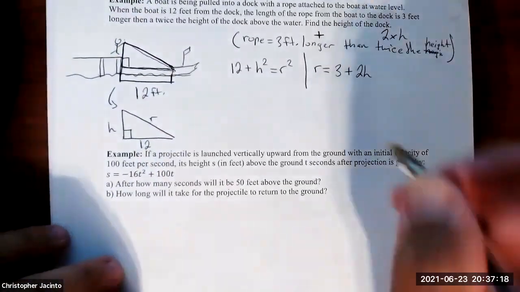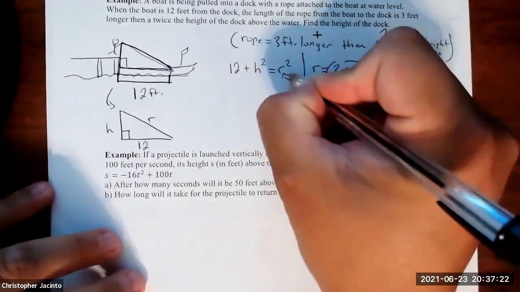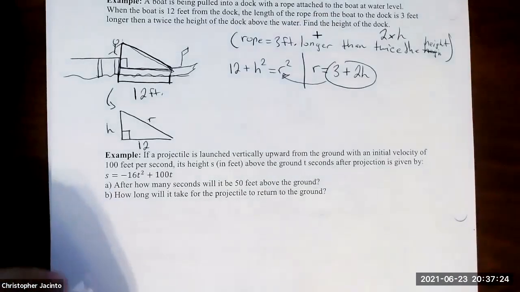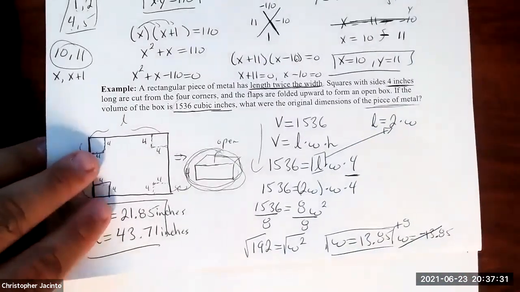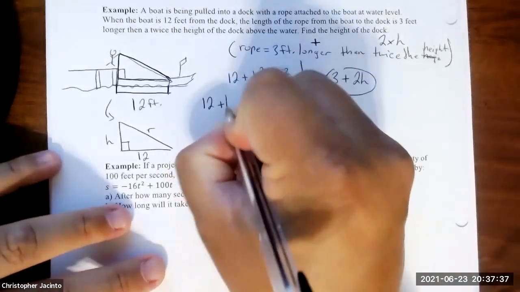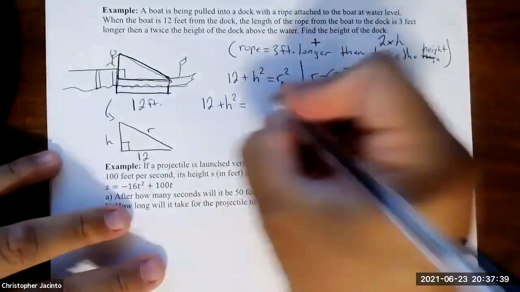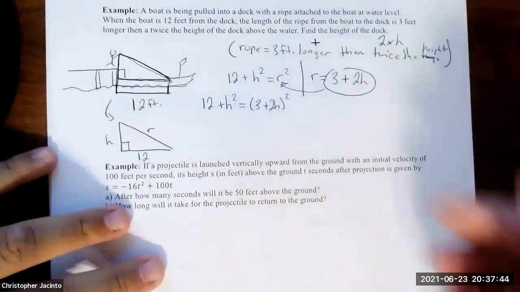Now, just like last time, we're going to plug this whole thing in and solve for h, just like we did for w. So it's going to be 12 squared plus h squared is equal to 3 plus 2h, squared.